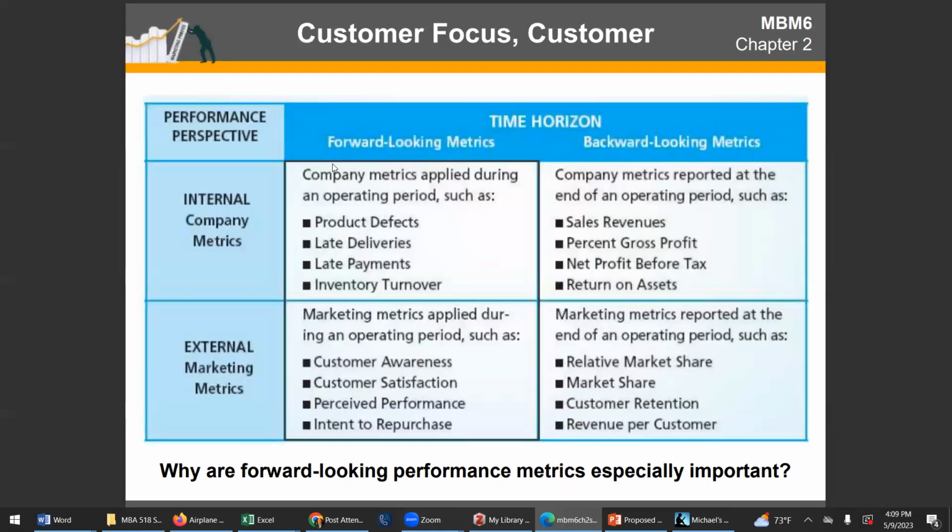So moving on here. We're appreciating the two sides of the metrics coin, if you will. This is going to get a little weird in a second. It would be internal and external company metrics, right? So internal would be financial, external would be marketing. The other thing to appreciate is that there's another dimension. It's not only internal, external, but it's backward in time and forward in time.